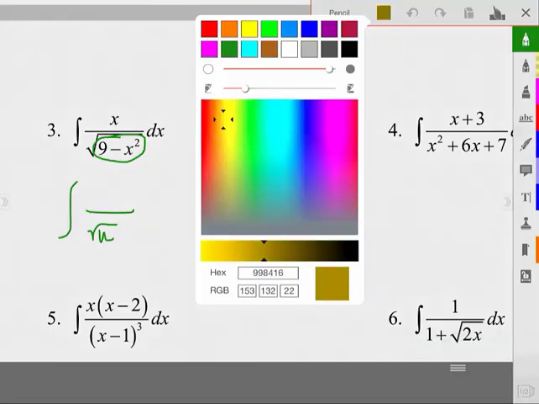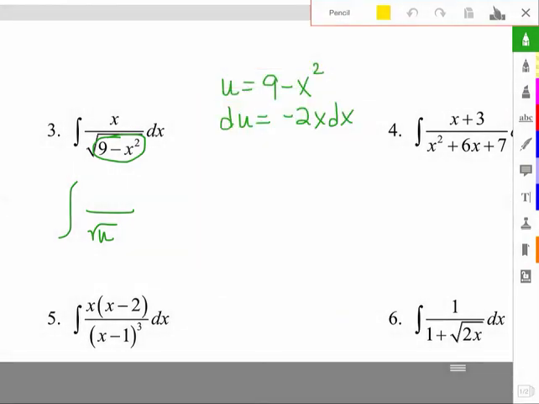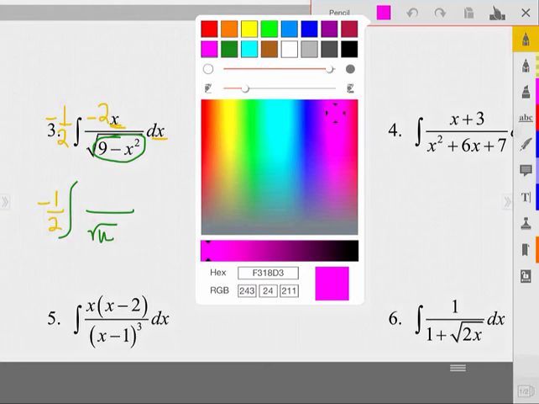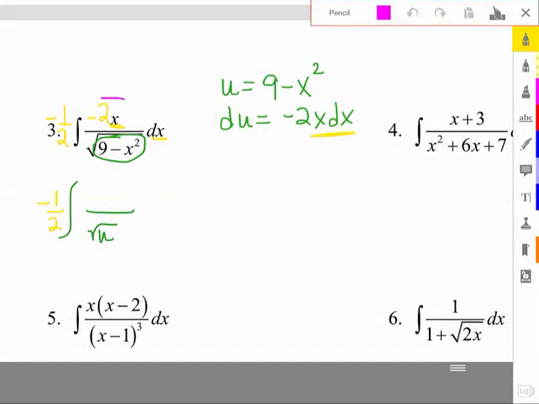I have the x and the dx. Got it. I just need a negative 2, and I'll have to compensate with a negative 1/2. So now I'll have the negative 1/2 outside, and all of this numerator will turn into du.